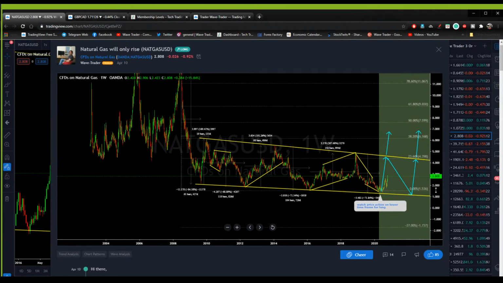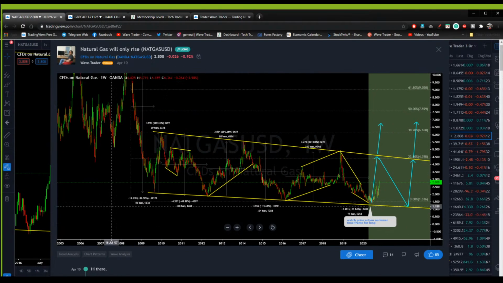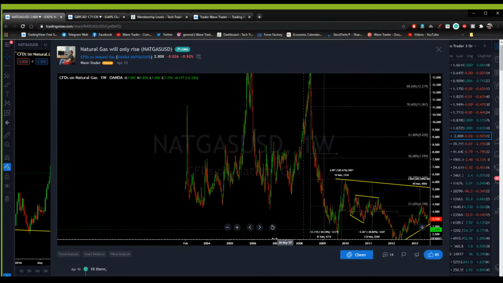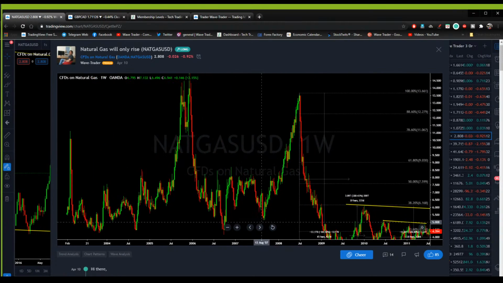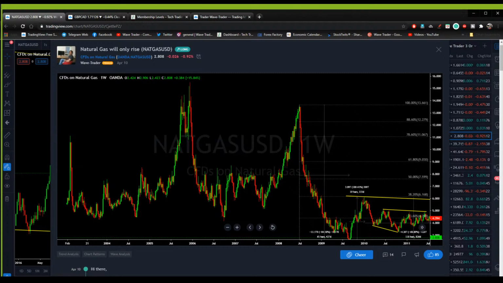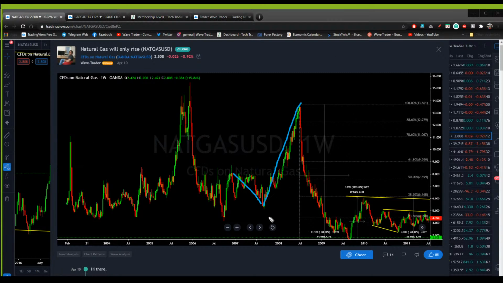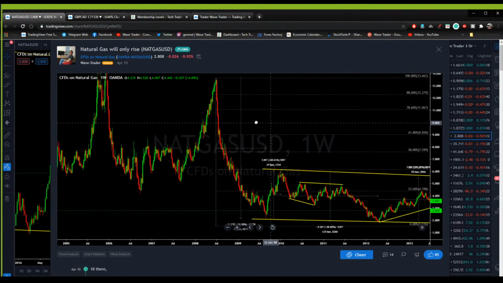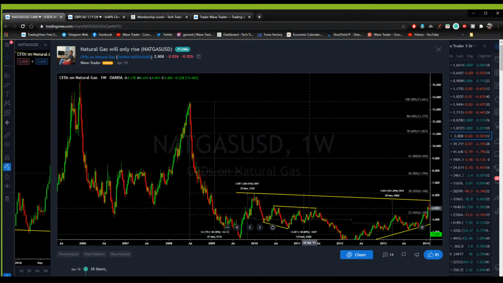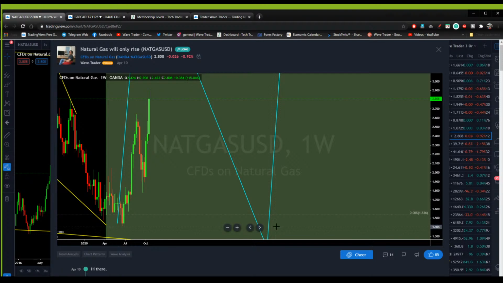In 2008, we saw it go lower, and then suddenly it went higher, so energy prices inflated very aggressively.